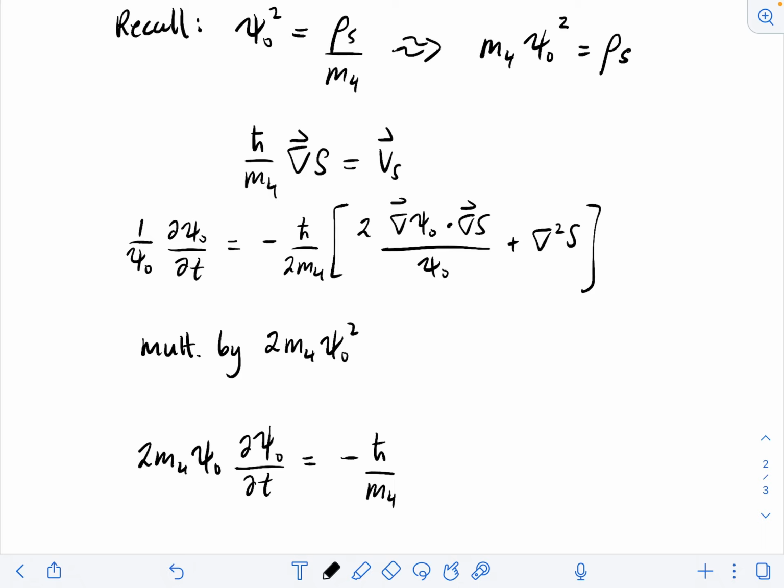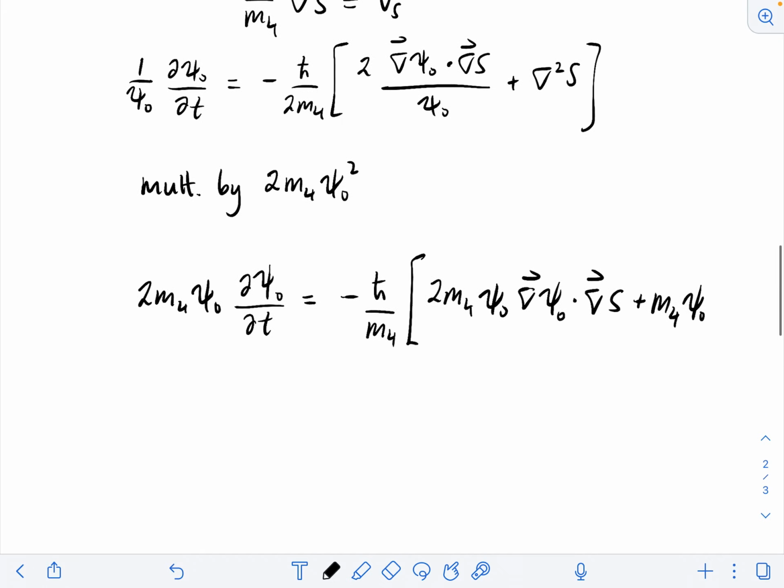I'm going to cancel the factor of 1/2 with the 2, but I'm not going to cancel the m; I'm going to take that other factor of m inside. So we have 2, and there's the new factor of m. We cancel one factor of phi 0, and then we have the gradient of phi 0 dotted with the gradient of s, and then plus m4 phi 0 times del squared s, and close bracket.